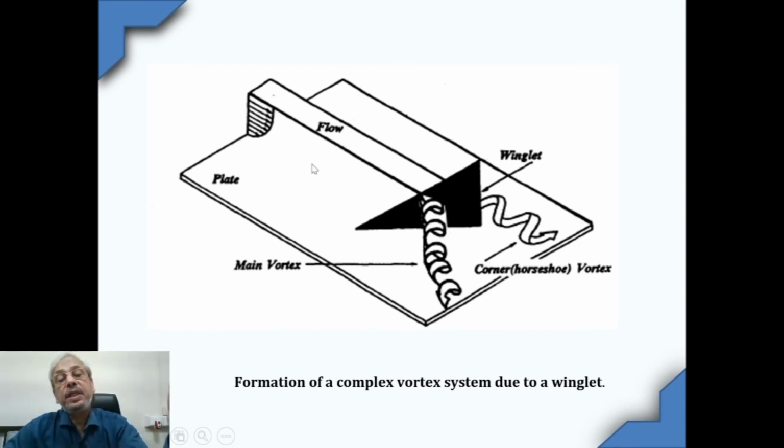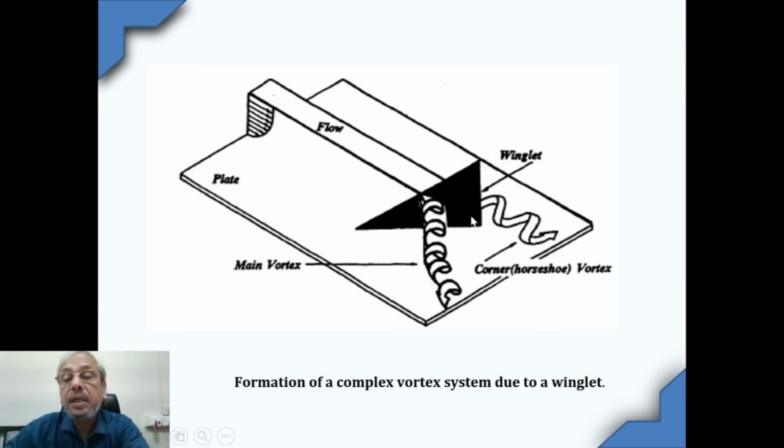Because you can see the velocity head will be converted into pressure head, and obviously velocity is having a gradient, and that is why this stagnation pressure will also have a gradient. Depending on the velocity, the top side will have higher pressure, and the bottom side will have lower pressure.